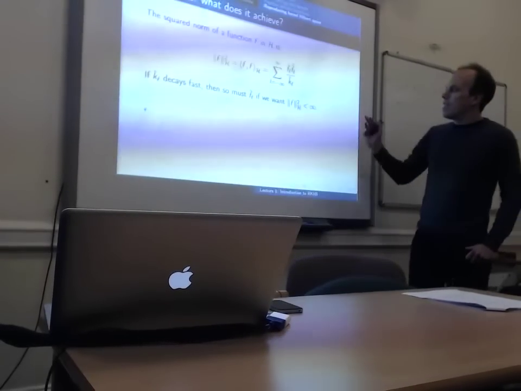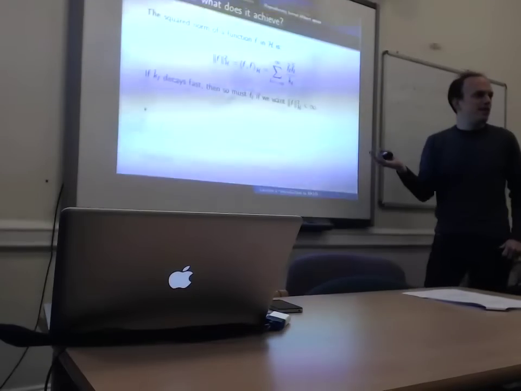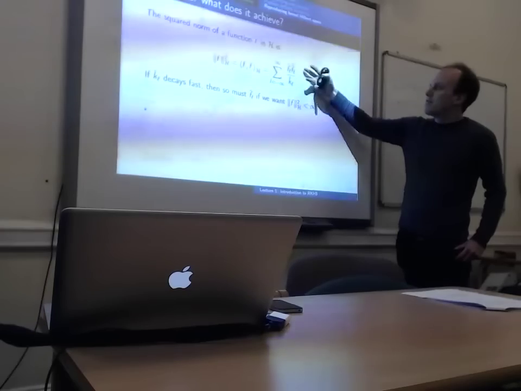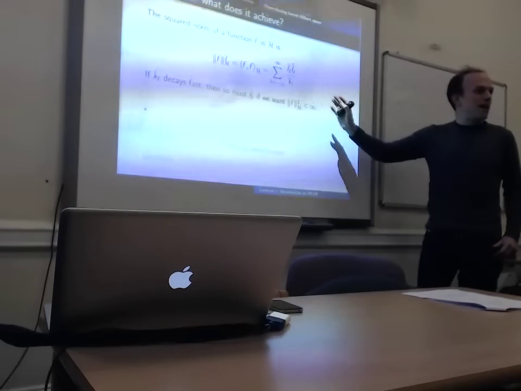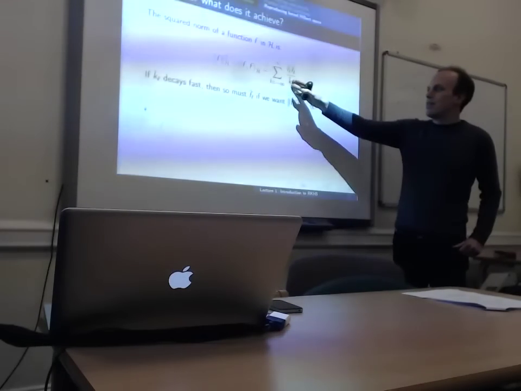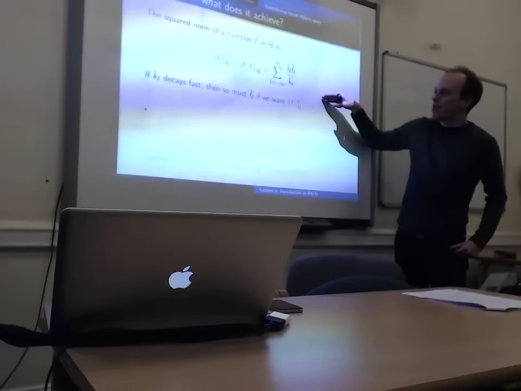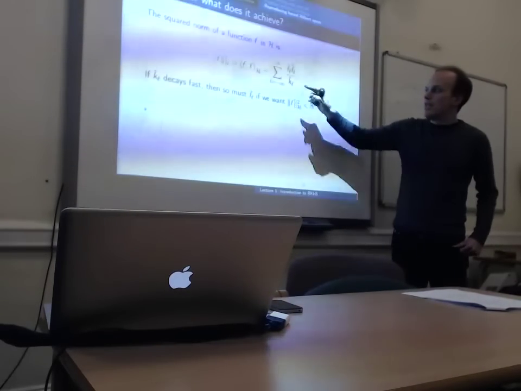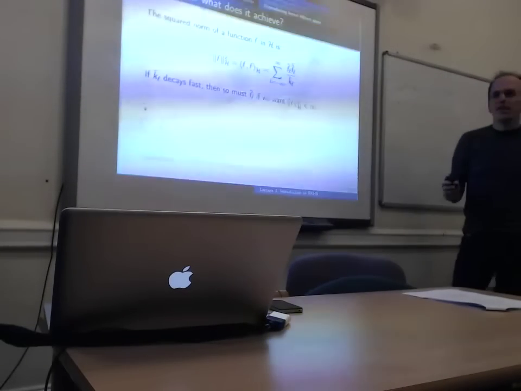So if the Fourier coefficients of the kernel are decaying, which they have to be, then basically what this means is that for this sum to be bounded, the numerator has to decay faster than this denominator. So that this top bit is going down fast enough that even though this is increasing, nonetheless this sum is converging, okay?